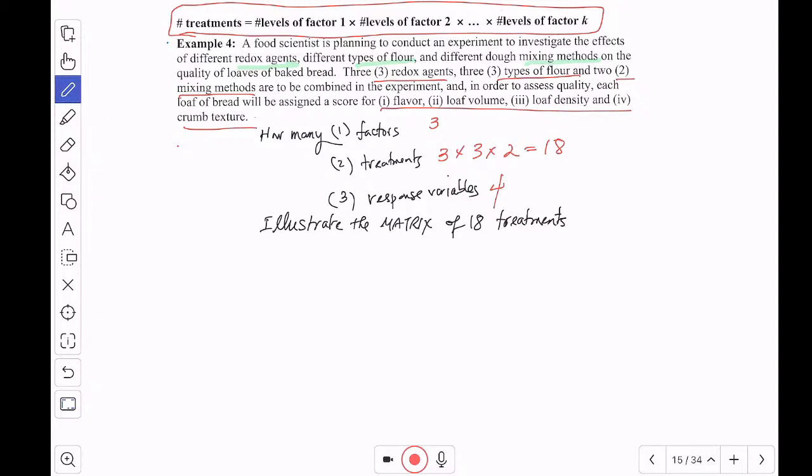Okay, so I'm going to suggest we put redox agents over here, and then types of flour up here. And we're going to do this for mixing method 1.